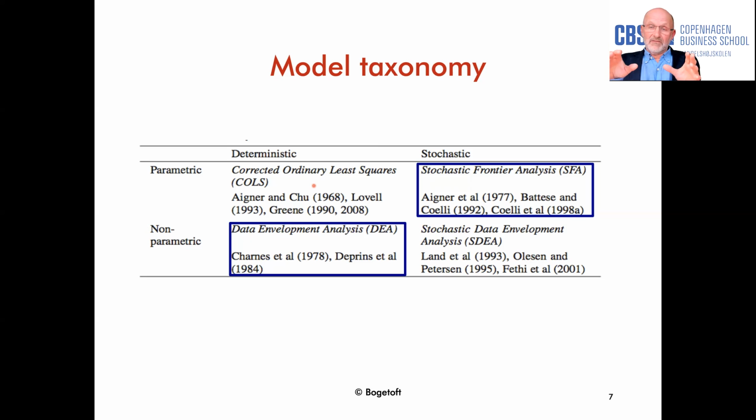At the same time, we have also restricted the structure of the relationship to be parametric, so linear, log linear, quadratic, or something of that sort. The stochastic frontier allows for stochasticity, so there might be noise in the data, and there might at the same time be inefficiency. So that's what we're going to focus on, this one over here.